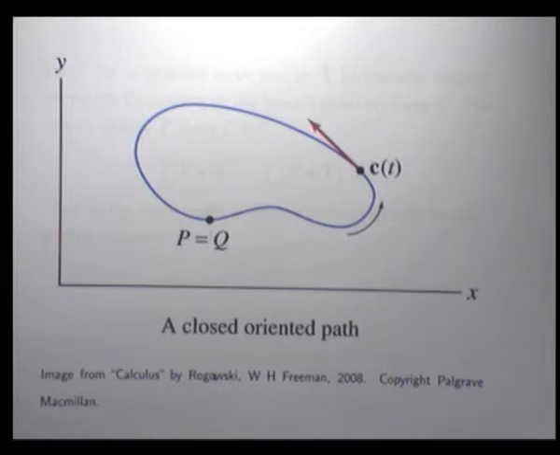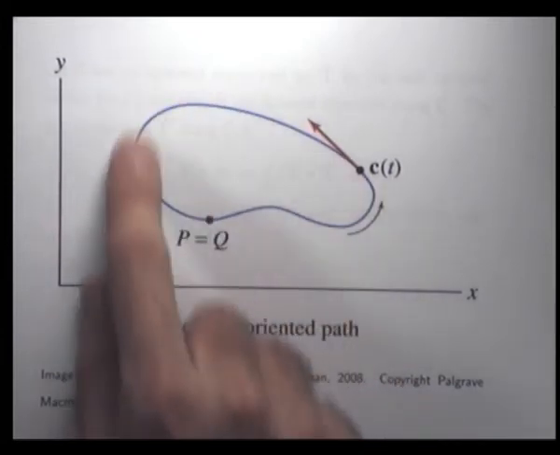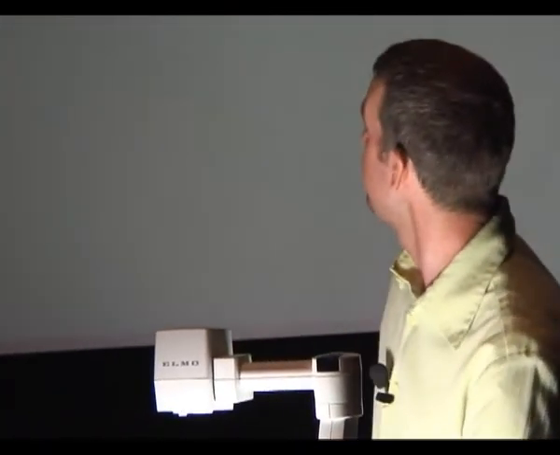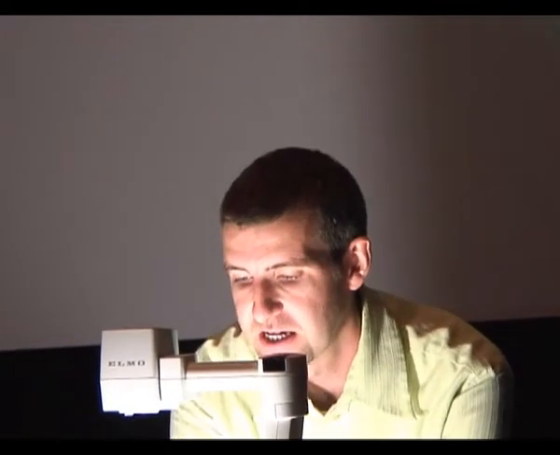So here's, again, a very basic example similar to the circle that I just drew. You can see here the forward direction is the anti-clockwise or counterclockwise direction. And in particular, this type of curve is a closed curve or a closed path because it sort of circles back on itself.